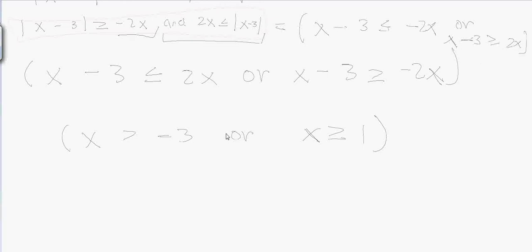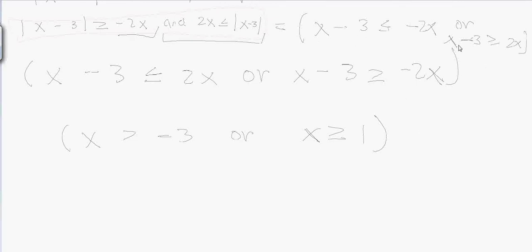After you solve this, you move that to that side and divide by 2, and you end up with x is greater than or equal to negative 3 or x is greater than or equal to 1.